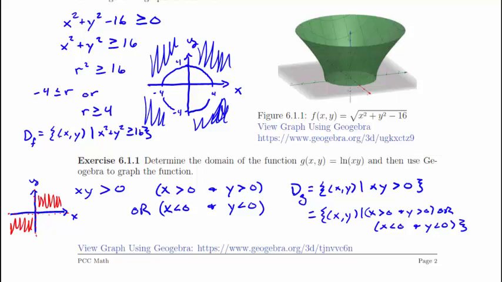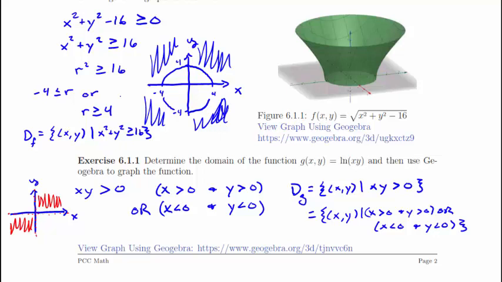I did go back, and in the previous problem I wrote the formal set notation here. The domain of f equals the set of x comma y such that x squared plus y squared is greater than or equal to 16. I left it in this form because we have our domain in terms of x comma y, so I'm leaving the x and the y in my condition for what our domain is, rather than putting in the r.